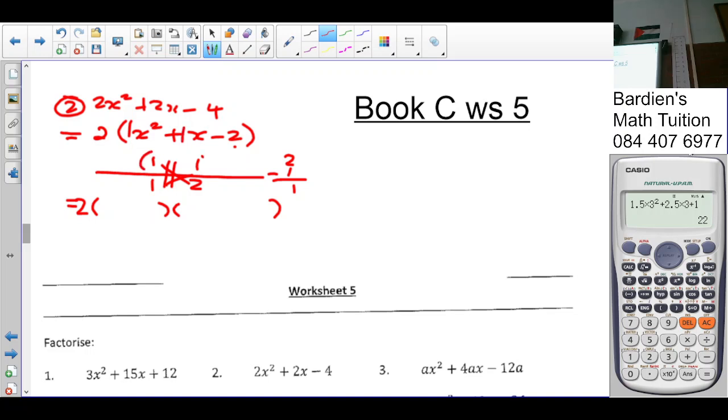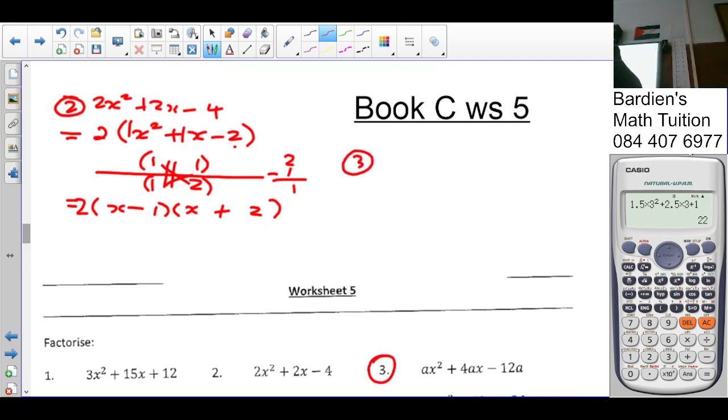So it's an x and a 1, an x and a 2. What about our sign? Opposite sign. The bigger product takes the sign of the middle term, so the bigger one is going to be plus and then minus.